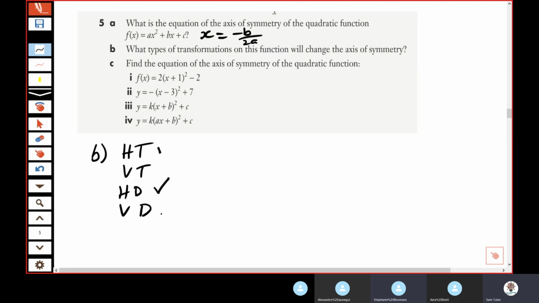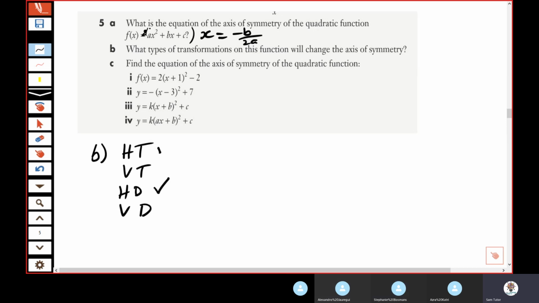What about a vertical dilation? I don't think it would, because wouldn't it just move it up and down? It's not that it's moving it up and down.